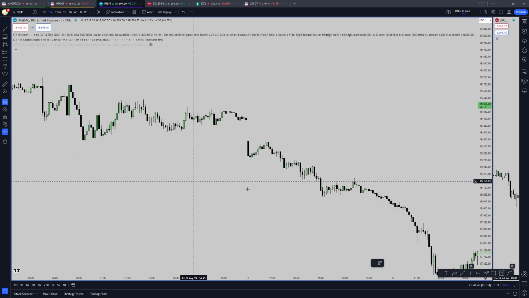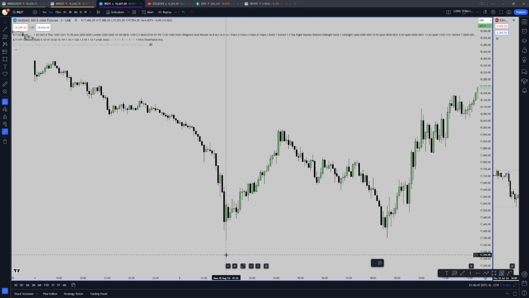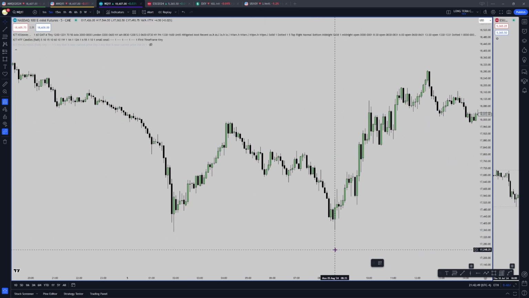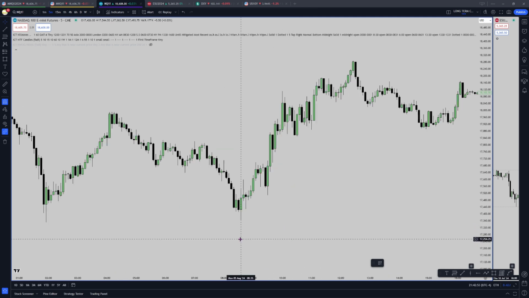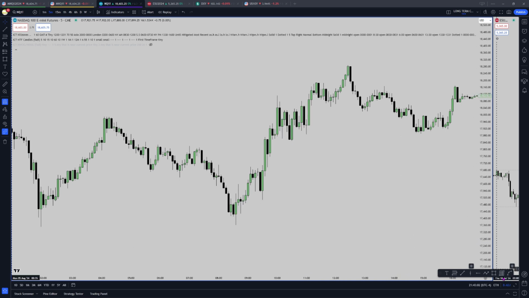Let's go to a day where we had a good Silver Bullet. This is a good day. Okay, so we have this 8:35 manipulation down here. So we have consolidation, accumulation, manipulation, distribution.